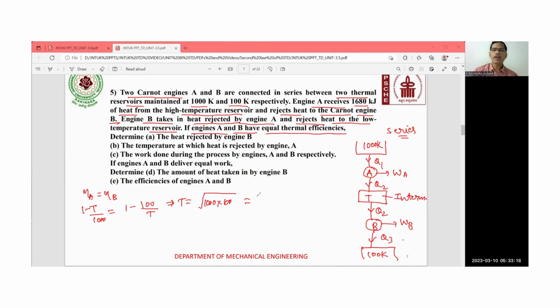You will get that value as 316.3 Kelvin, right?